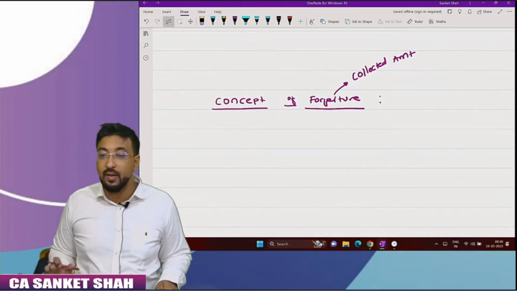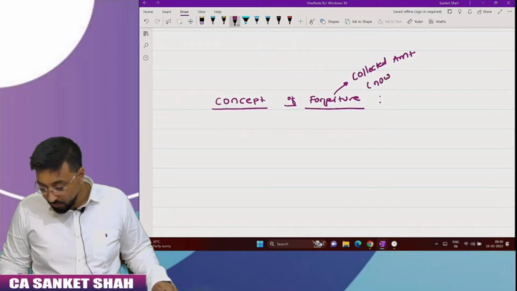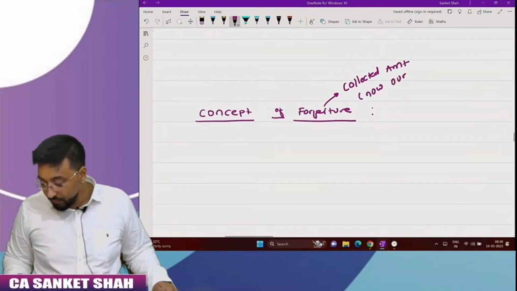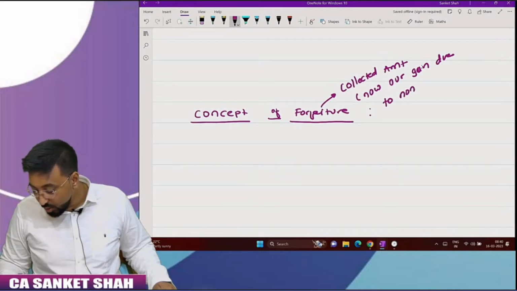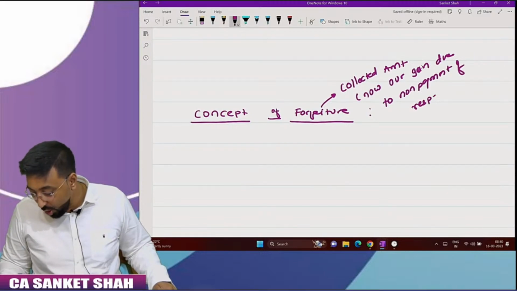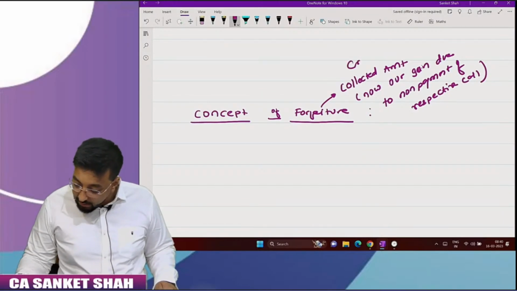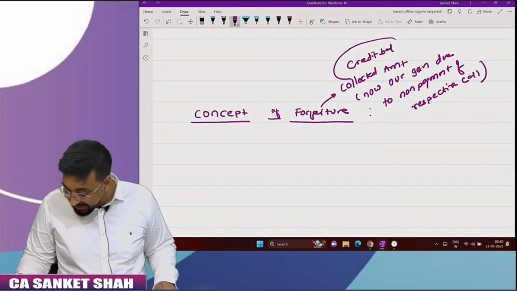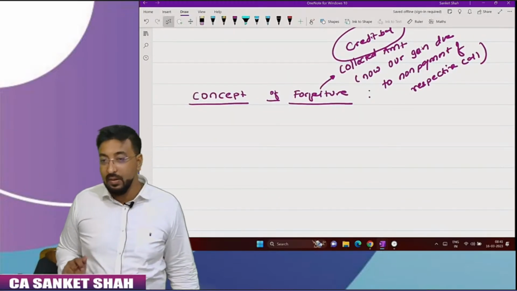See, collected amount and now our gain due to non-payment of respective call. So it always has credit balance. It always has credit balance. See the forfeiture concept. It's very simple.